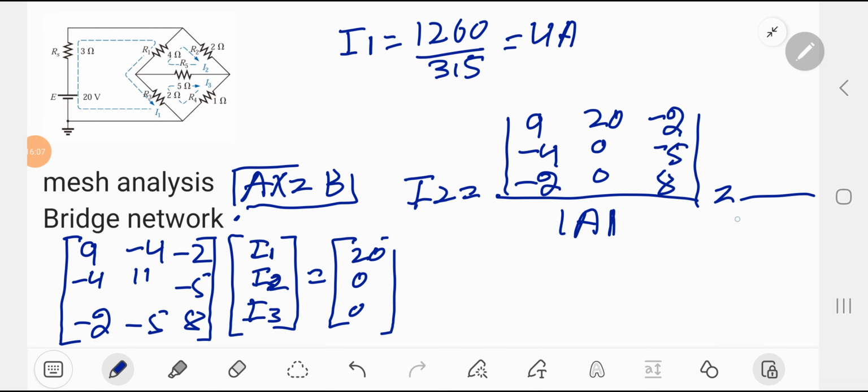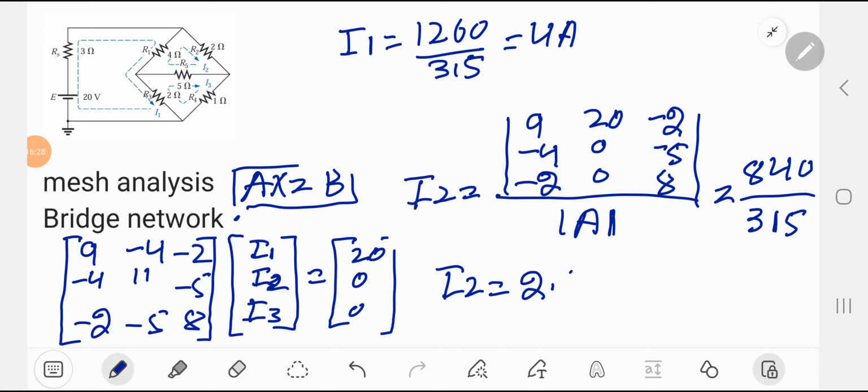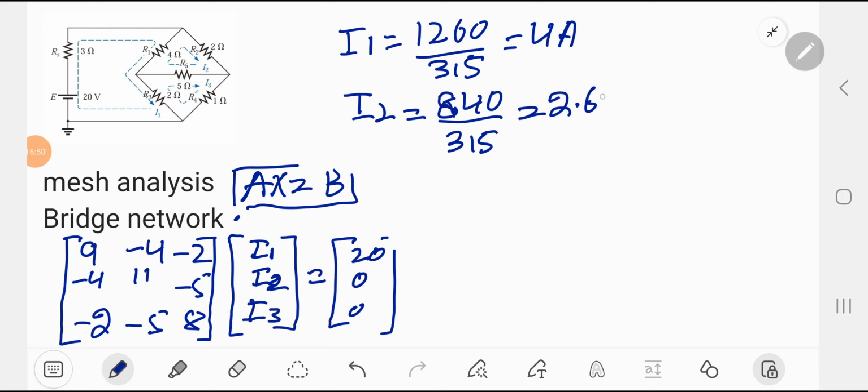The determinant of matrix A is 315, and the determinant of this matrix is 840, so I2 is equal to 840 over 315, which is 2.6 ampere.